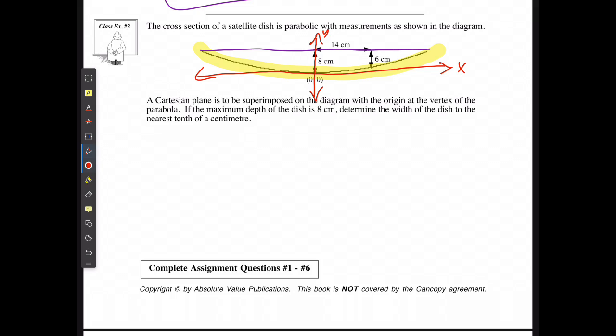If the maximum depth of the dish is 8 centimeters, determine the width of the dish to the nearest tenth of a centimeter.